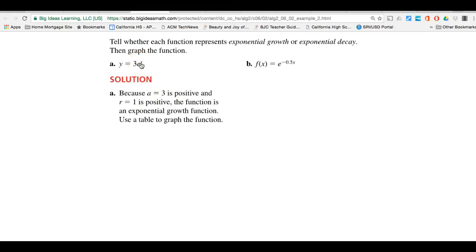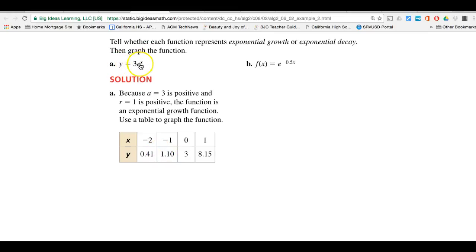So exponential growth. Now, when it comes to graphing this, like we did last section, we just want to use a table to graph the function. So let's go ahead and we'll just pick out the values -2 up to 1. And when we plug in our values, and you use a calculator for this, you just take e to the -2 times 3 gives you 0.41. E to the -1 times 3 is 1.1.